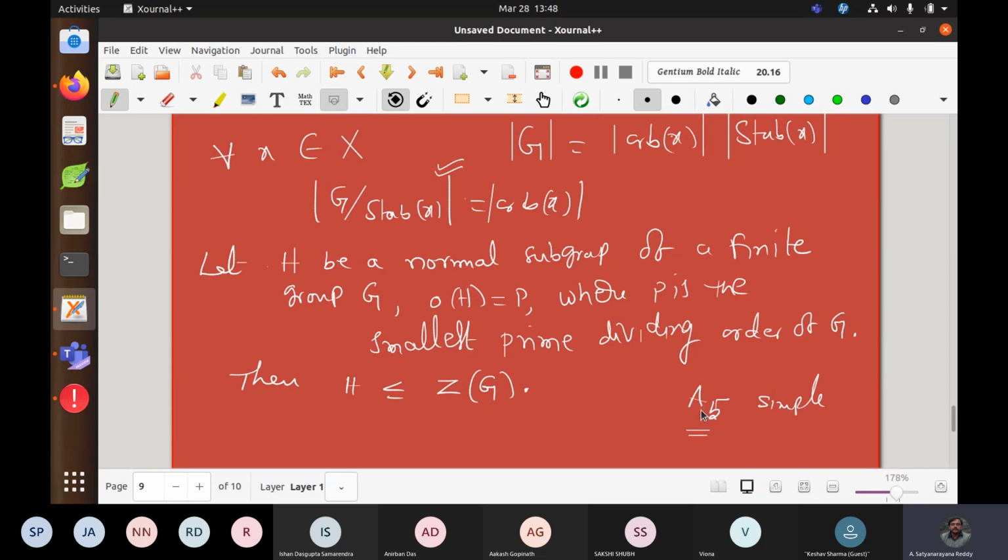It is like primes. Simple means no non-trivial normal subgroups. Now what is the order of A5? Half of 5 factorial, yeah, 5 factorial by 2, but still 2 divides this, right?